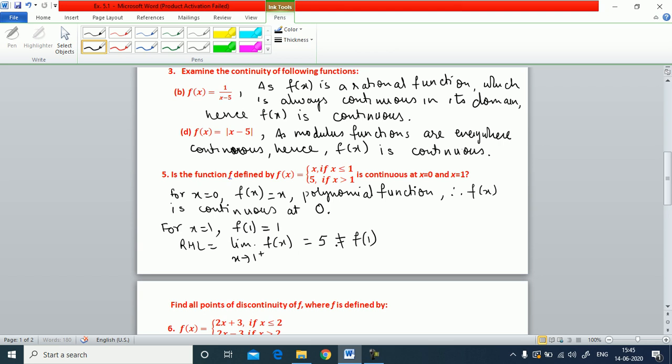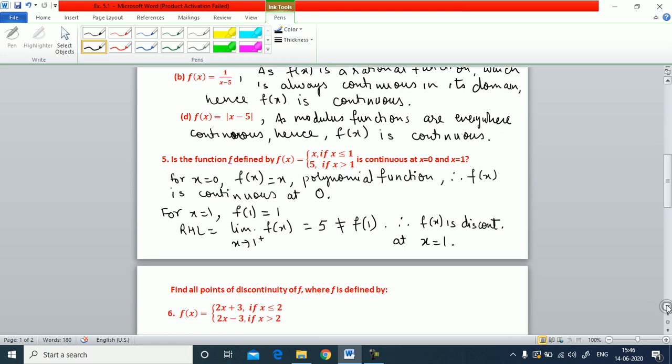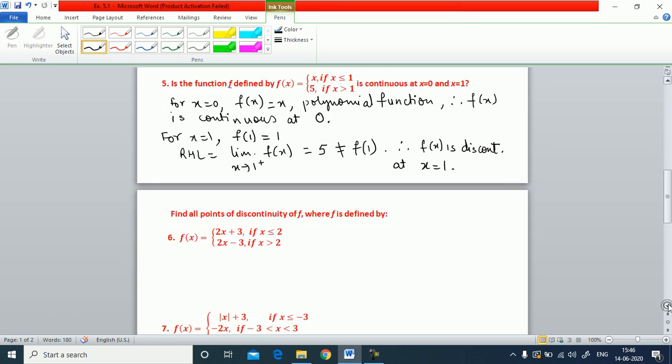So we have already shown two of the required conditions are not coming out to be the same. Okay, so therefore f(x) is discontinuous at x equal to 1. So 0 is the point of continuity, but 1 is the point of discontinuity.